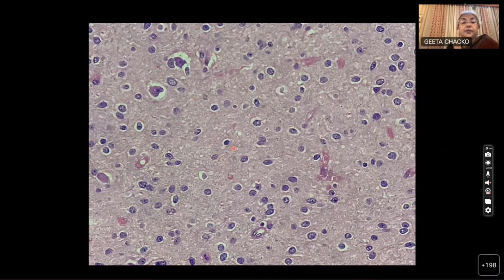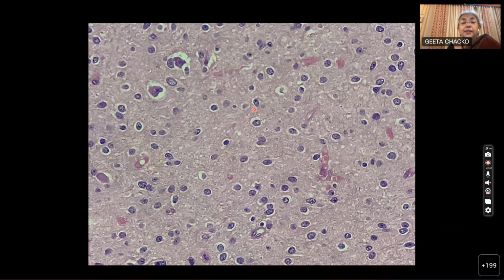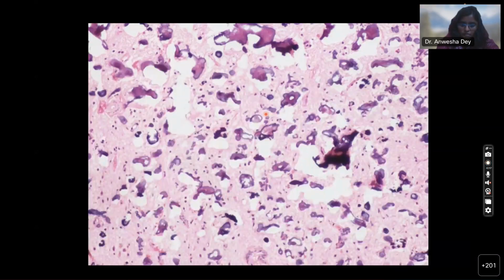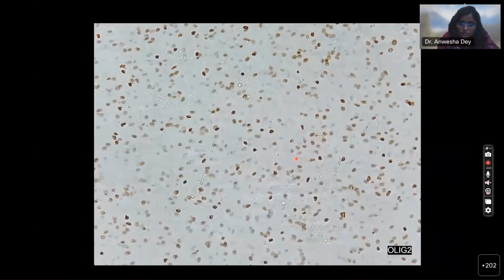So here you are seeing the tumor cells that you described, and these here are neurons, okay, which are normally in the cortex. Can you see some cells are present here as well? What is this phenomenon called, do you know? Perineuronal satellitosis. Good. And here you're seeing microcalcification, lots of calcification.